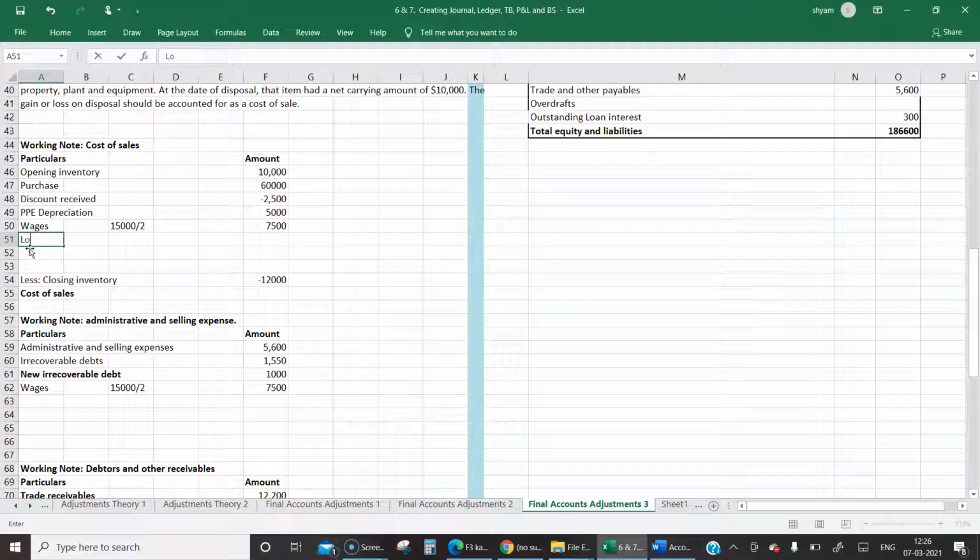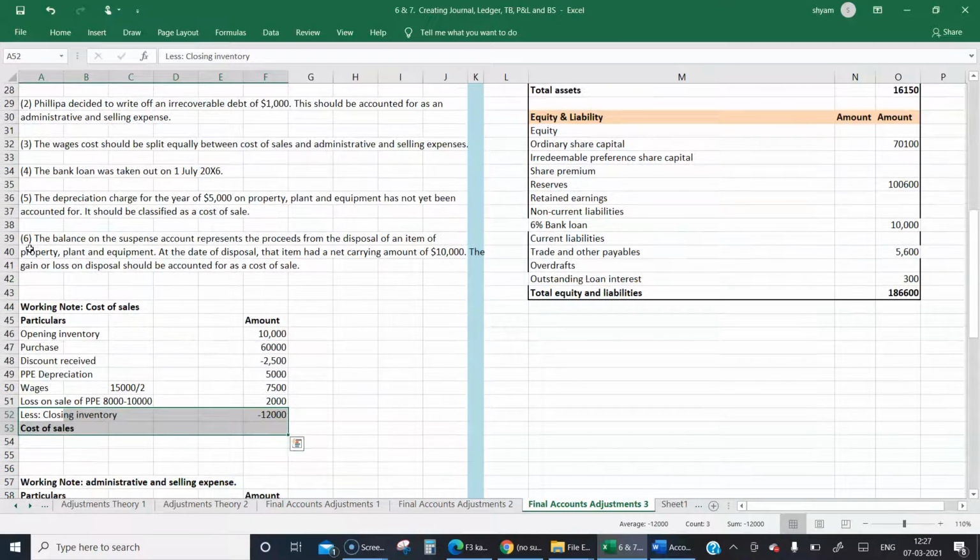So, loss on sale of an asset. It was worth 10,000 and it was sold for 8,000, so 2,000 is a loss. As this is already a cost account, we don't need to put a minus symbol, we can put a plus symbol. So that's about the concept here.